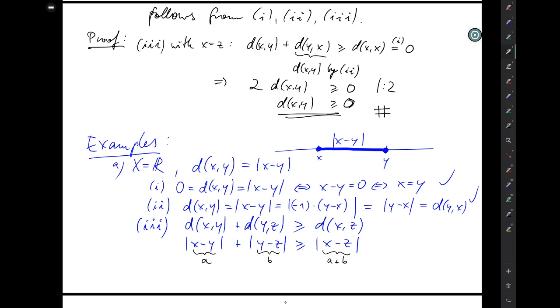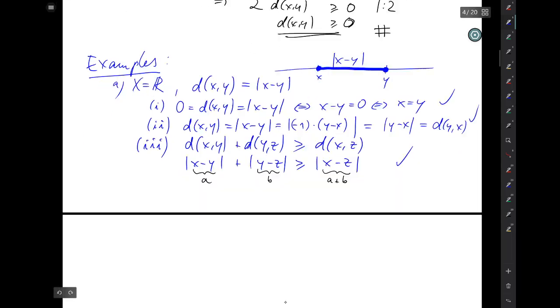Because if you add A and B, you get x minus y plus y, which cancels, minus z. Okay, and now I think you've seen that before. This is the triangle inequality, as you call it, for real numbers. So we can also tick that box here. Okay, so this is indeed a metric space.